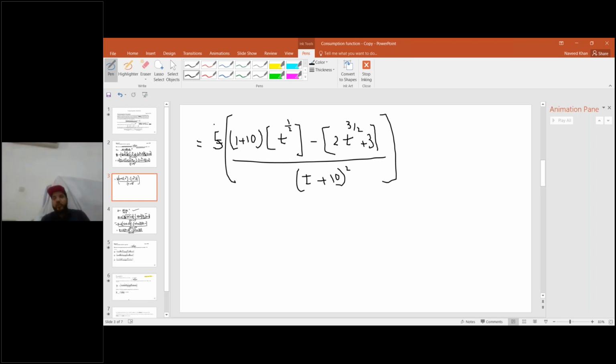There is no need to simplify this further. Now, dear student, at the place of I, put I is equal to 100.